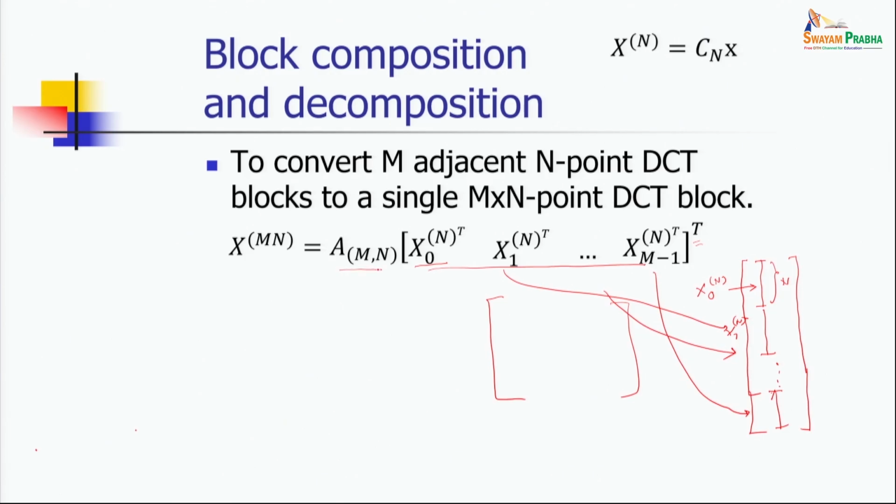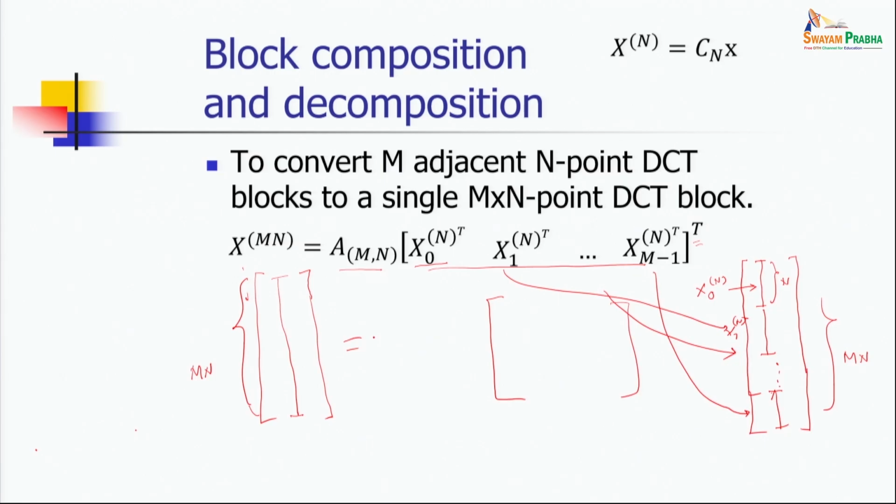which is given a parameter m and n, but you know that this is the DCT, this is the single DCT block of length mn. So, this length is mn because this length is also mn, m into n, and in this case it is the DCT coefficients of this mn block.